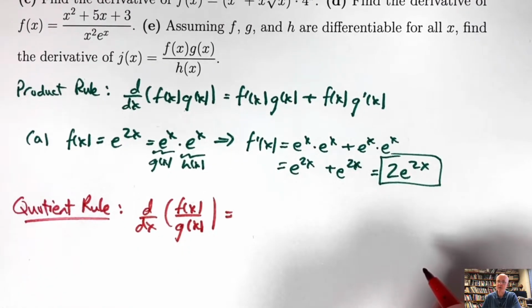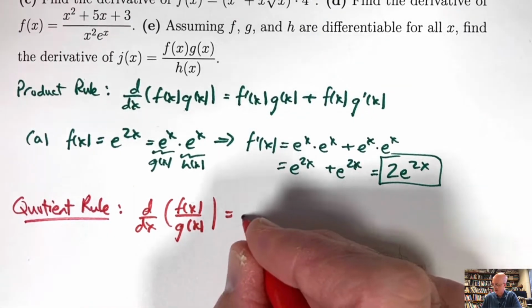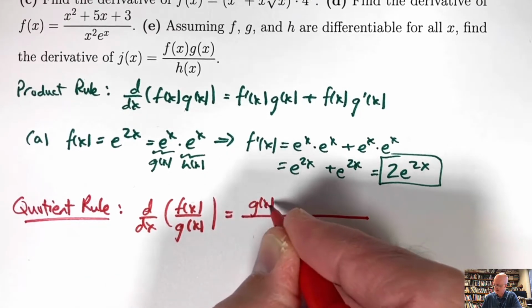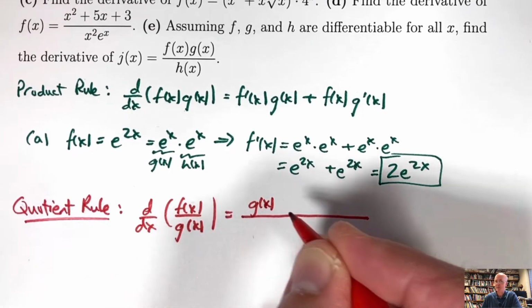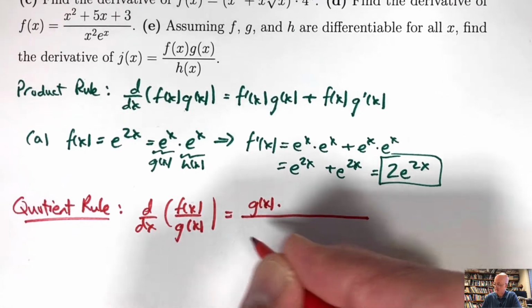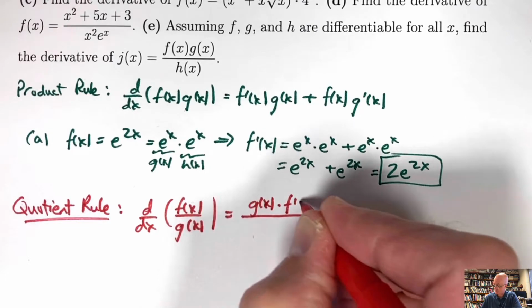I remember it this way. I say low d high minus high d low over the square of what's below. What in the world did I just say? Low means the lower function, g of x. D high means, well, times, d means derivative, times the derivative of the high function, f prime of x.